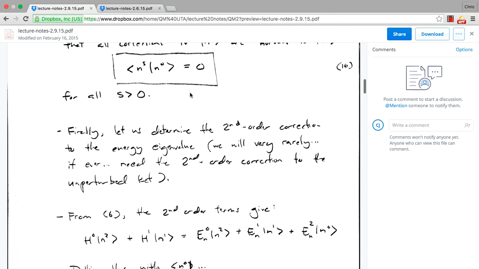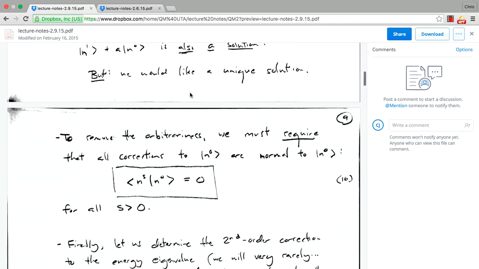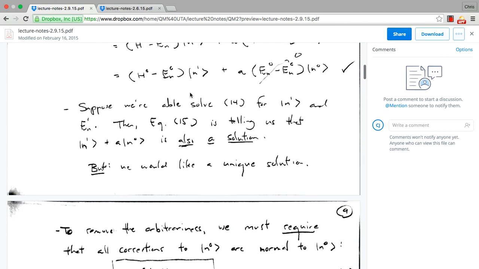Okay, and so that reminds me to remind you guys that if you haven't taken the qualifier, or if you have and you still need to pass the quantum part, which hopefully you're not in that situation, just know that the stuff I'm covering here in perturbation theory is fair game on the qualifier.